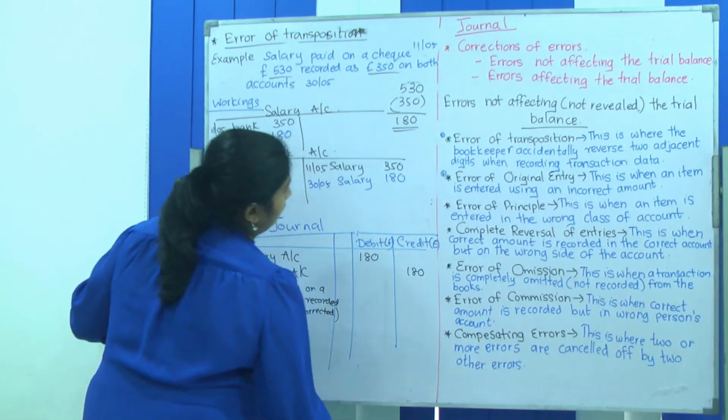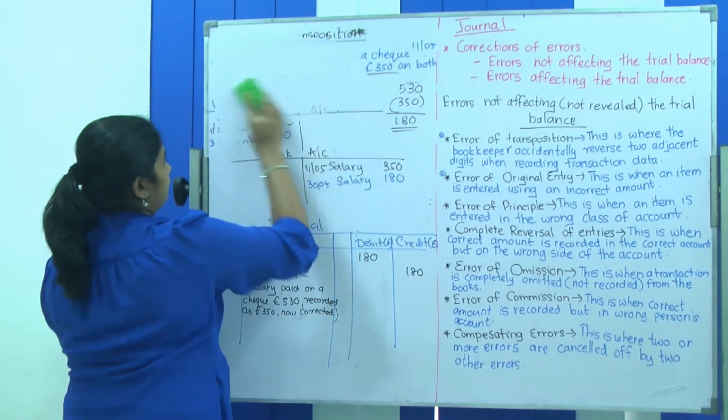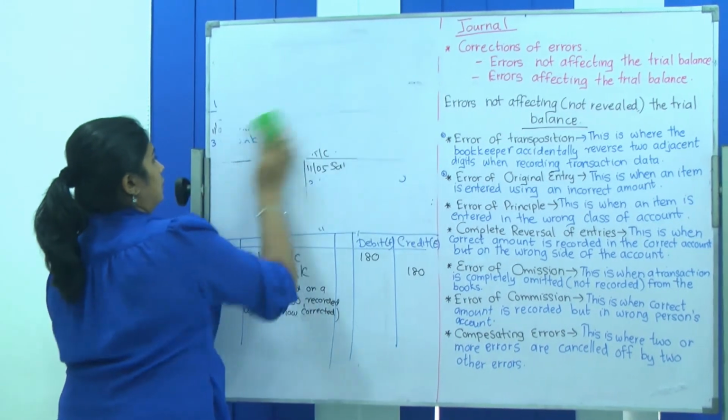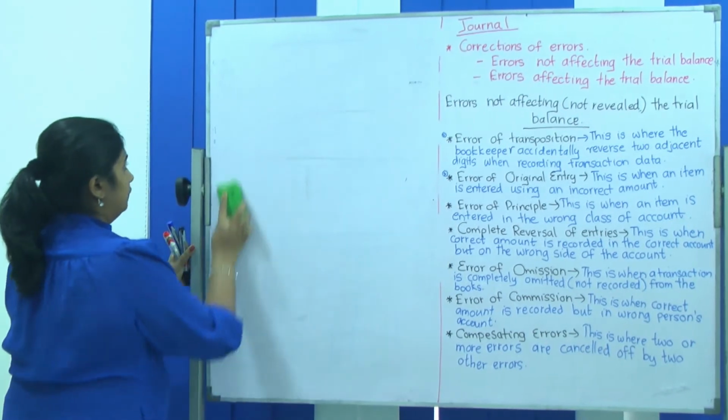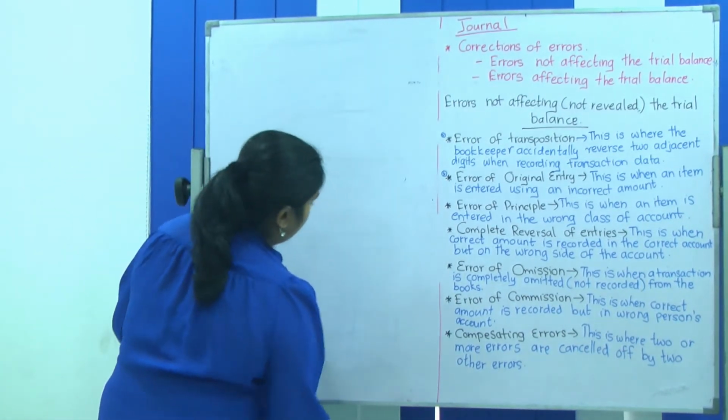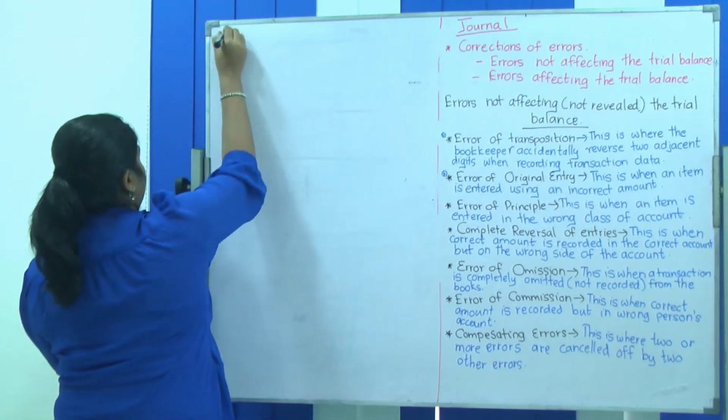Okay, now we look at the next error type. The next error type is errors of original entry.